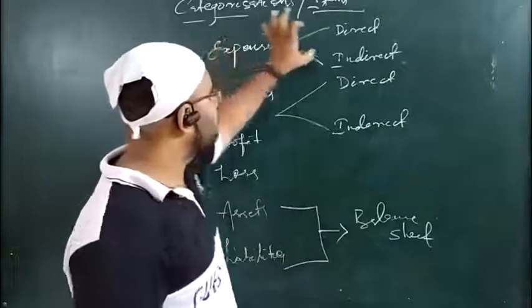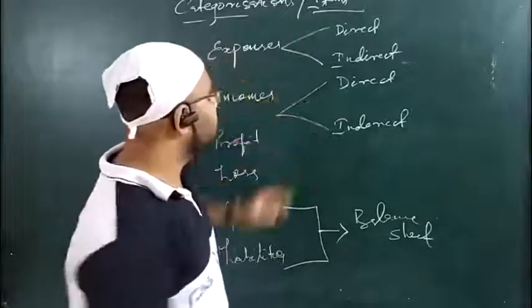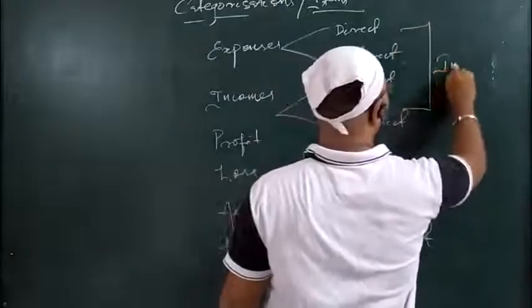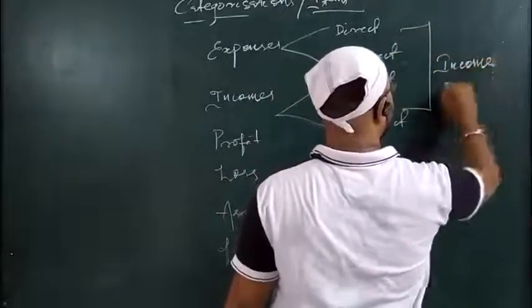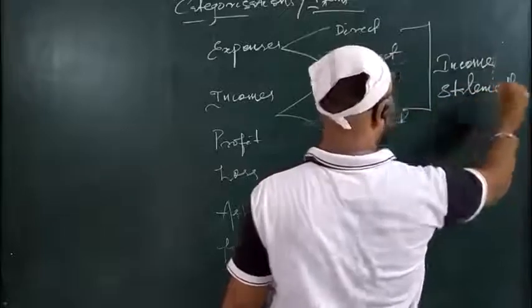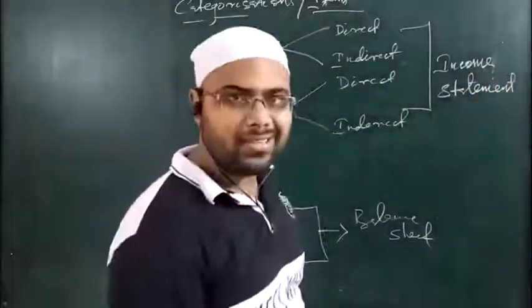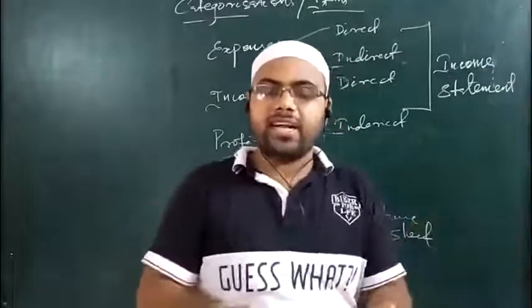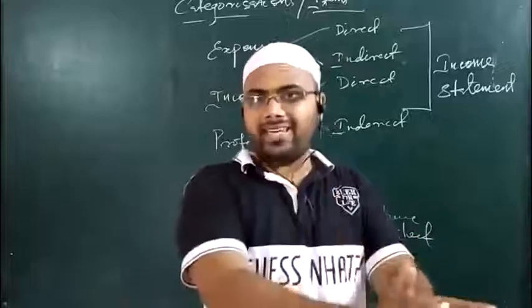So expenses 2 types, incomes 2 types. These 2 things are helpful for preparing the income statement, that is the trading and profit and loss statement. Okay, where the income statement is the merger of the trading account and the profit and loss account, combinedly called an income statement.